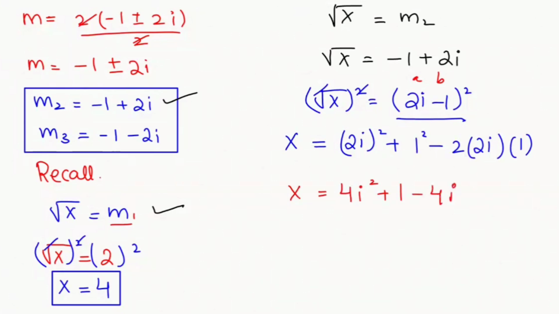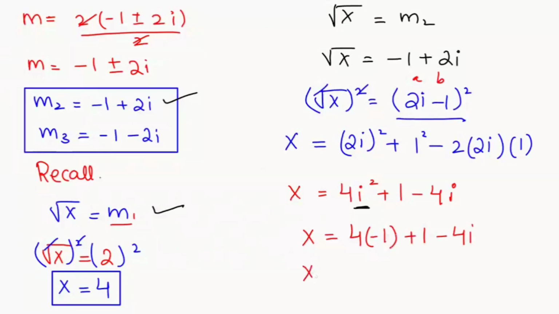Now next we know that root of negative 1 is equal to iota. Now I want to plug in the iota square value. For that I'm going to square both sides. This and this get cancelled, where we get negative 1 is equal to iota square. So the value we have is negative 1. x is equal to 4 times negative 1 plus 1 minus 4 iota.